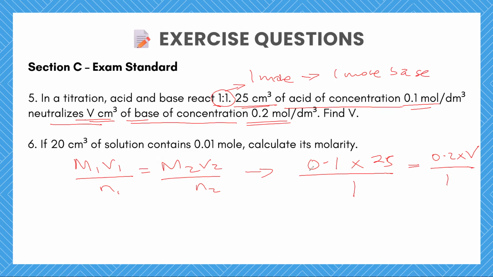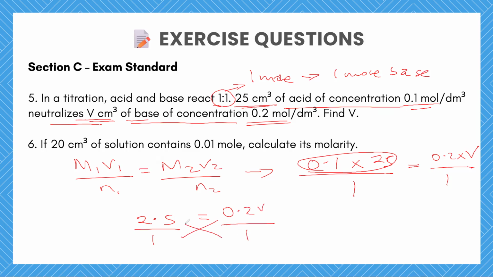So at this point, we have 0.1 multiplied by 25, which gives us 2.5. So we have 2.5 over 1 is equal to 0.2 V over 1.